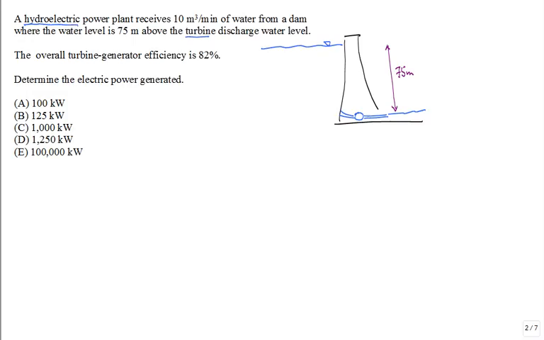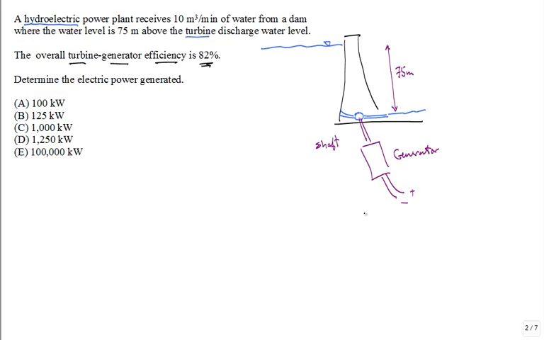So the output of that hydraulic turbine is to turn a shaft which is connected to a generator which produces electricity. And so the overall turbine generator efficiency is 82%.